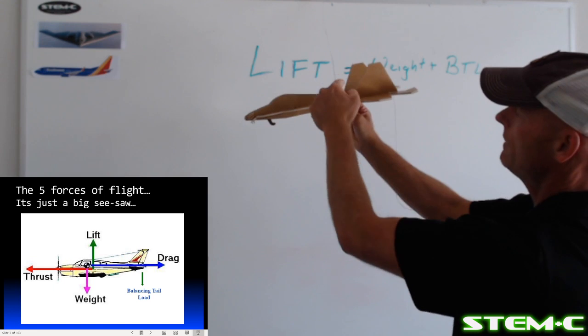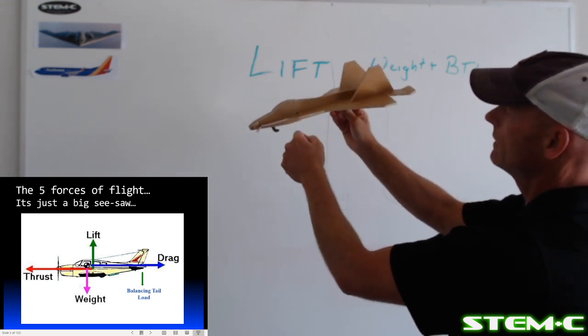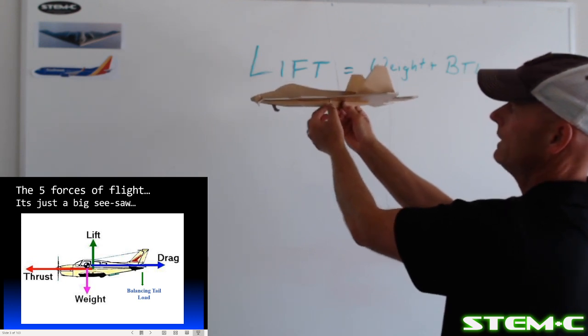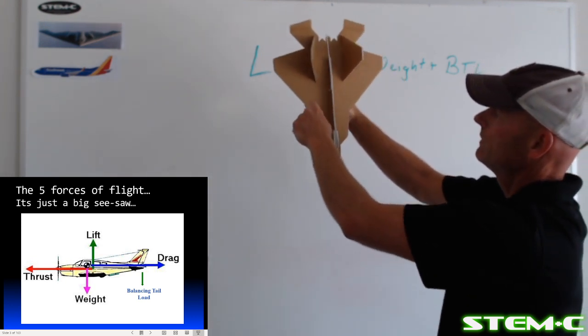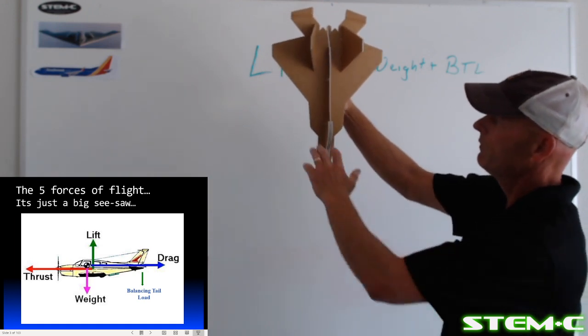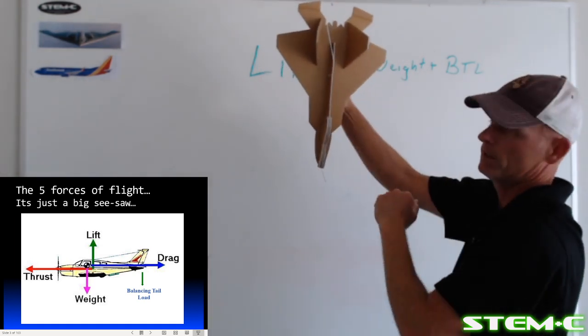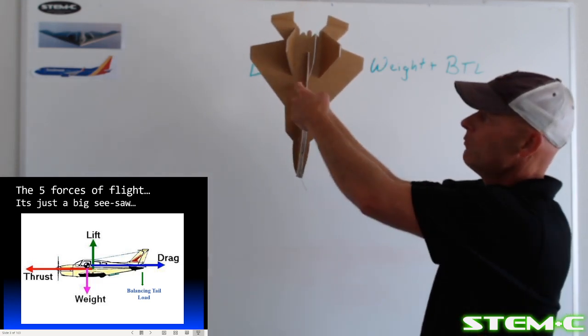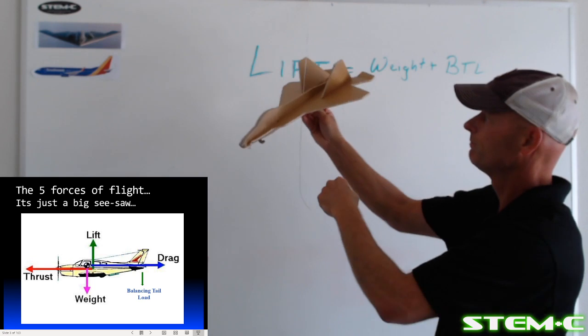We have lift here, we have weight here, because our center of gravity on this airplane is actually right about where this string is. Our center of lift is going to be, I know this is a delta-shaped wing, but if you were to sum up all the lift force on this wing or on this airplane, it would be roughly right about here.